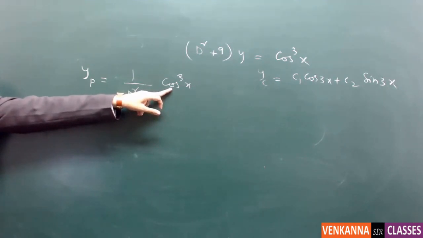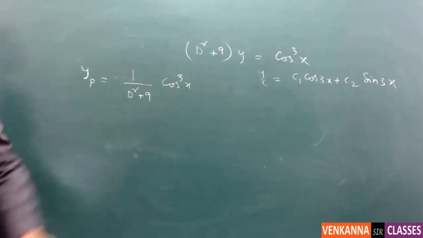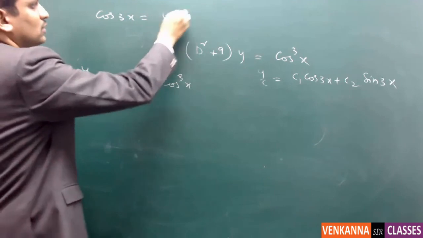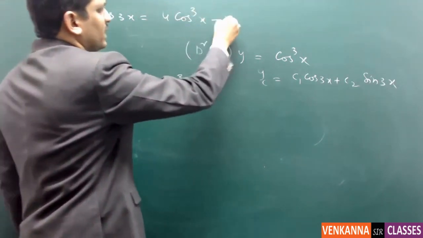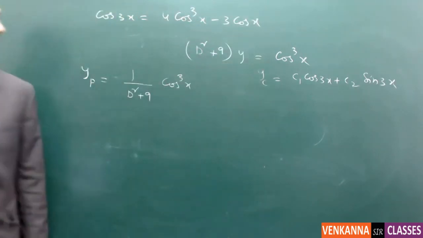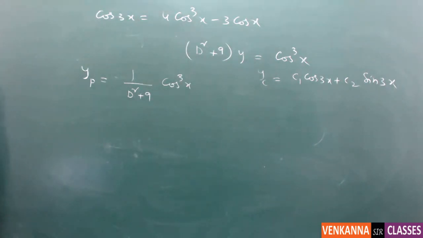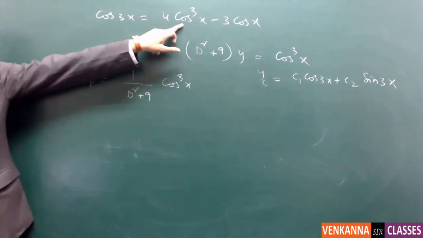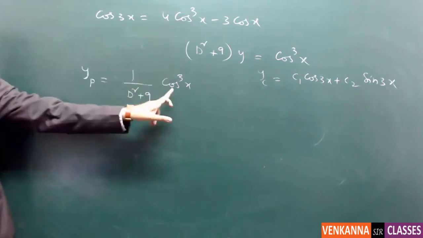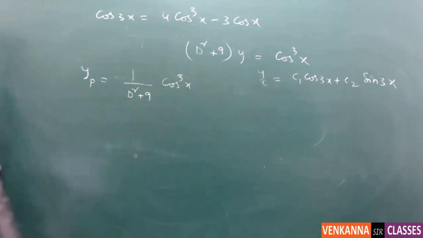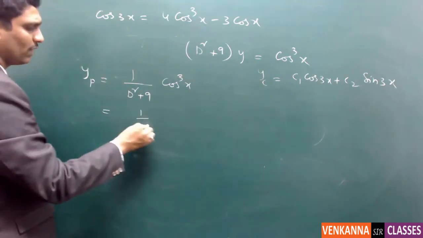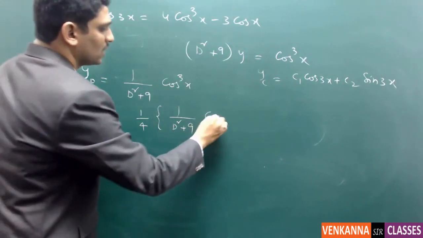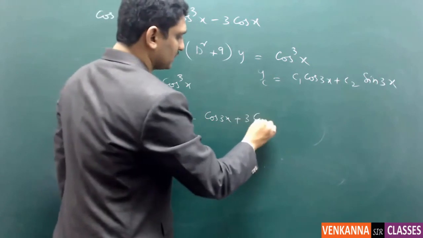Just by applying the trigonometric formula. So we have the formula that cos 3x is equal to 4 cos cube x minus 3 cos x. Accepted? Right. So using this, you will have the cos cube x formula. Let us apply it here. It is equal to 1 by 4 into 1 by (D square plus 9) of (cos 3x plus 3 cos x).